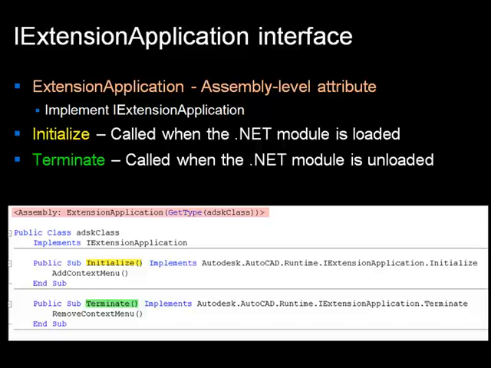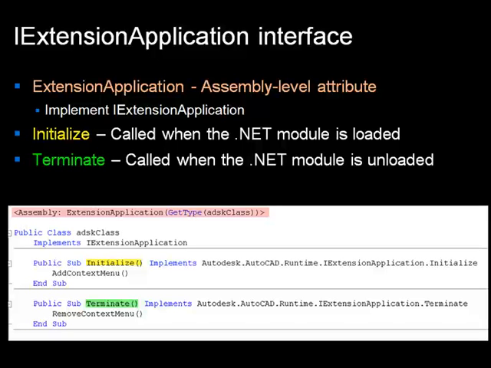When AutoCAD loads a .NET DLL, it queries the application assembly for an ExtensionApplication custom attribute. If this attribute is found, AutoCAD sets the attribute's associated type as the application's entry point. The class specified in the attribute will need to implement the IExtensionApplication interface, and this interface has Initialize and Terminate functions.